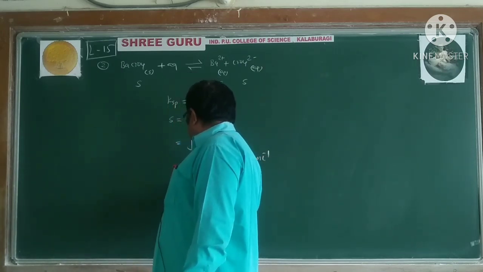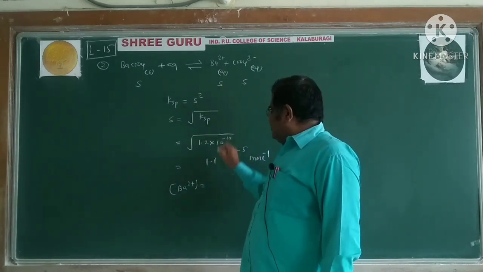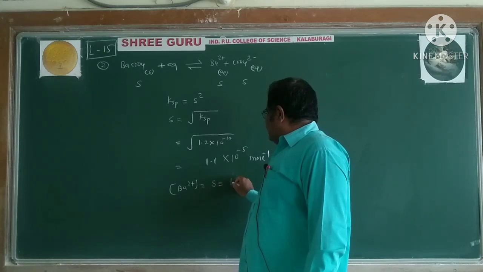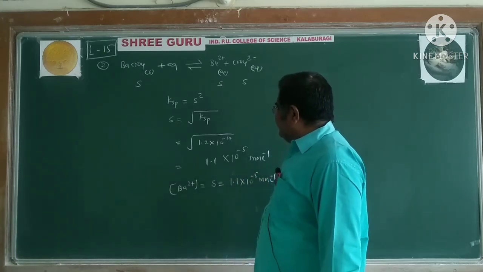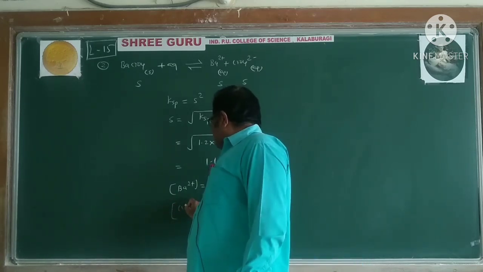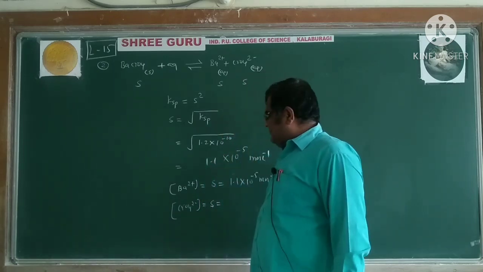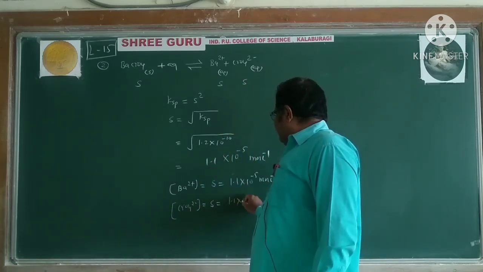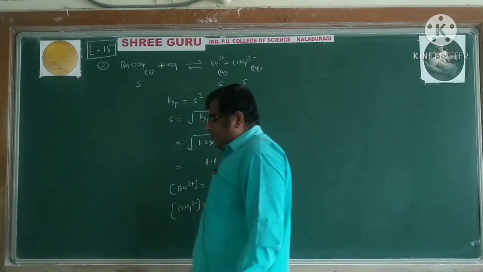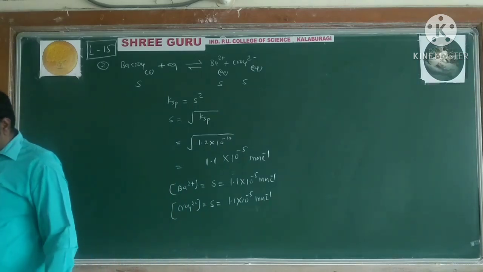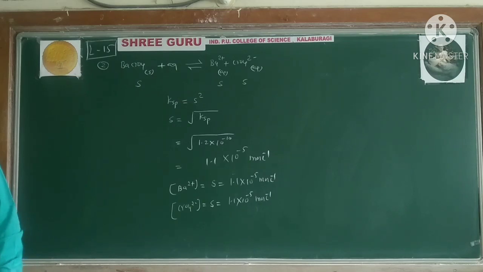So you can say molar concentration of Ba2+ is equal to S, which is equal to 1.1 into 10 raised to minus 5 mole per liter, and molar concentration of chromate is also equal to S, same value we are getting. So that's how we solve part B or part 2 of this question.